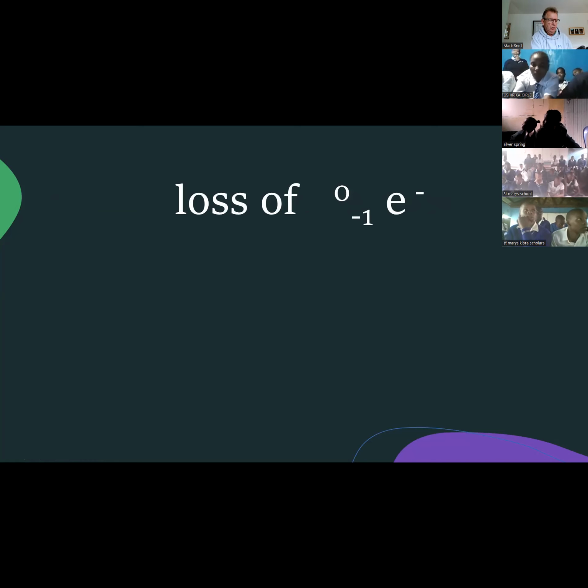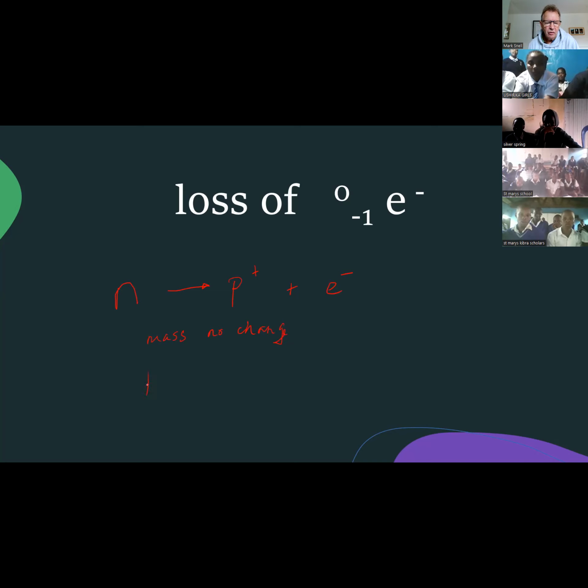If we lose a neutron, it sounds funny to lose a neutron. What actually happens is that one neutron turns into a proton and a beta particle, which is basically an electron. So that means because neutrons and protons weigh the same, the atomic mass will not change. So the mass has no change.